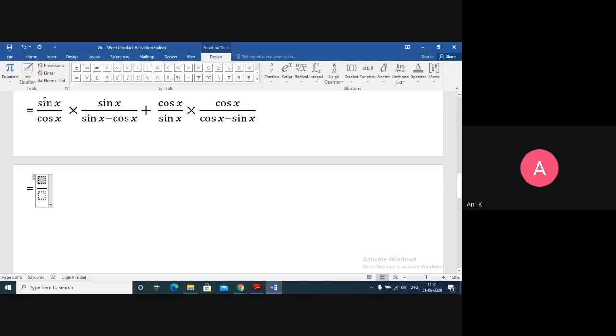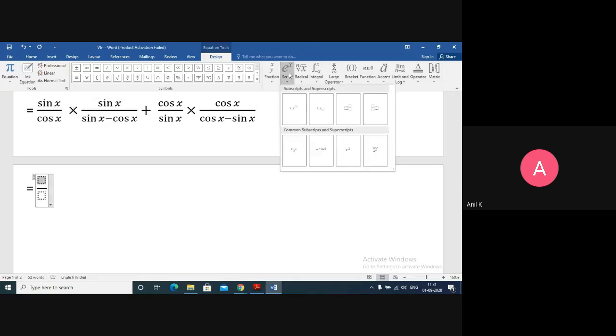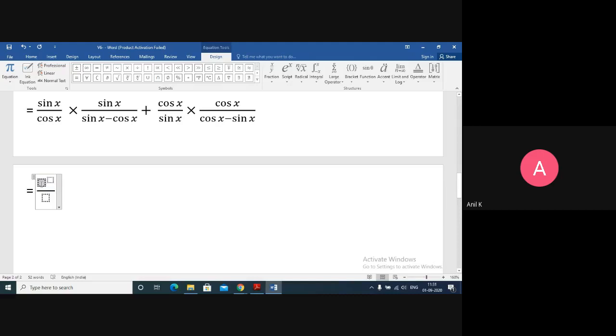When I multiply these two terms, because there is a multiplication symbol between them, the numerator is sin x into sin x, which is going to be sin square x. The denominator you get as cos x into this term, sin x minus cos x. That's what I get here.